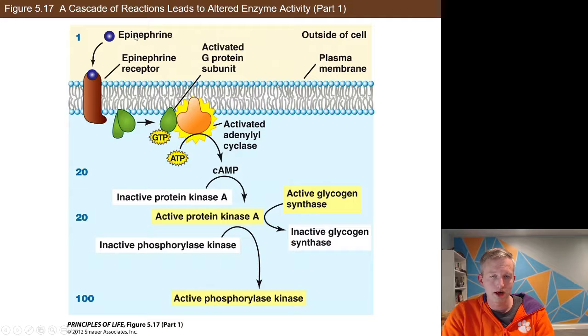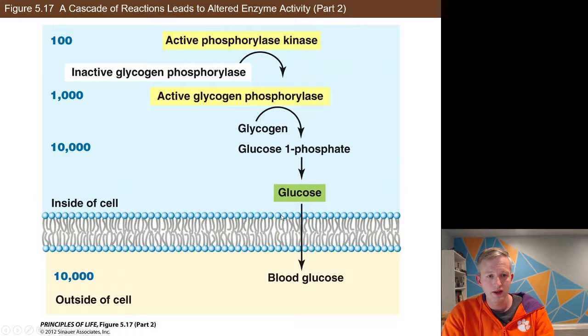So one epinephrine leading through this cascade, where many of these steps can do their job multiple times before they are inactivated, can lead to 10,000 glucose molecules being dumped out of the cell.